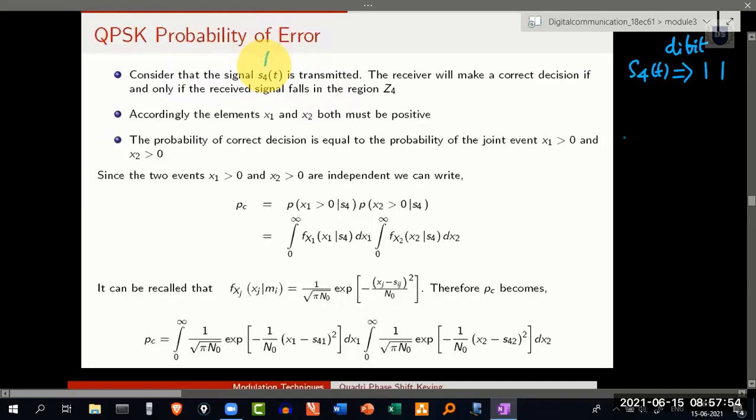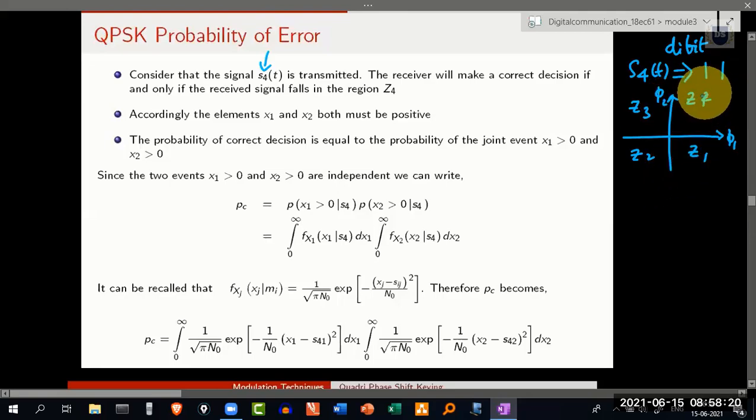So back in our constellation diagram, this was our region Z4, this was our region Z1, region Z2, region Z3.